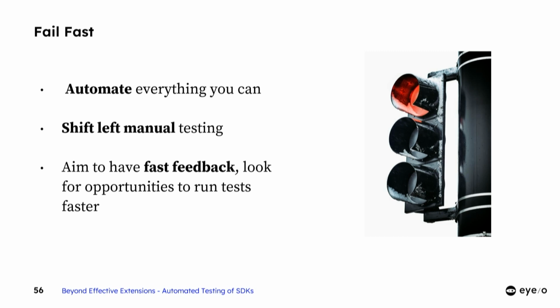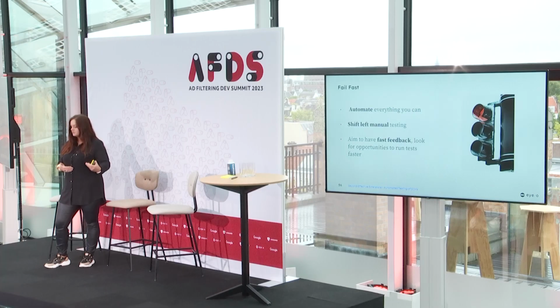And there is a rule that your automation should take less than 10 minutes to execute locally for the developer on the environment. That's why it's so important to stick to this third rule of aiming to have fast feedback early, not only by moving automation to the early stages, to unit tests, functional tests or contract tests, which are faster than end-to-end tests, but also by looking for opportunities to parallelize them, to improve the developer experience.